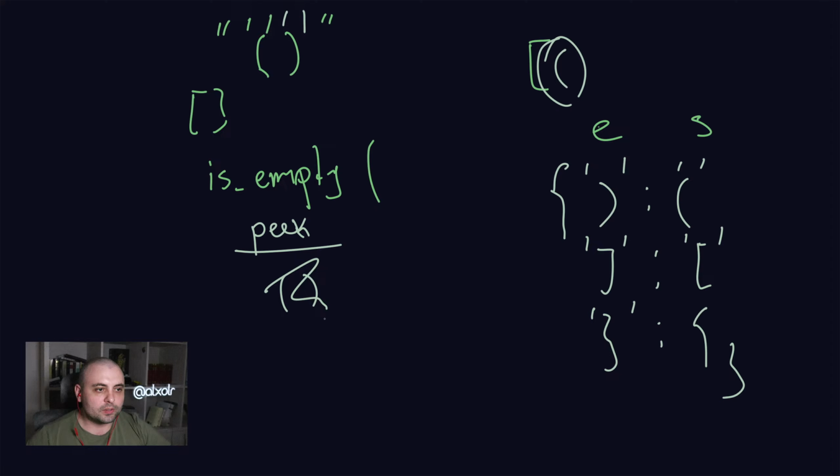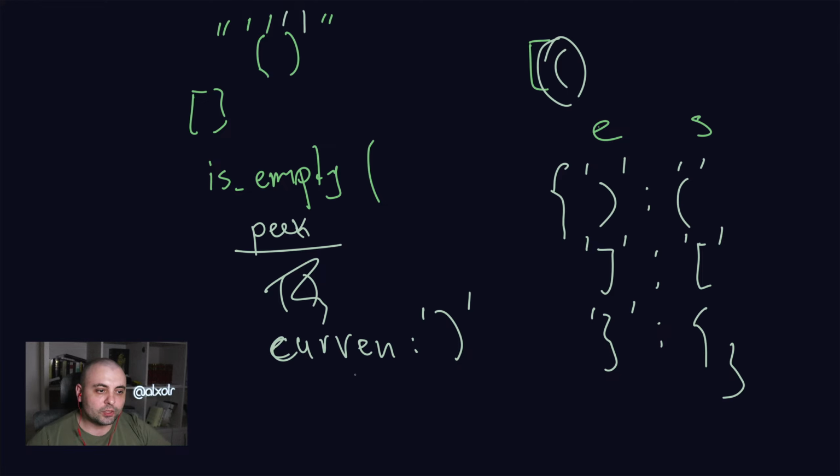So we know that on the stack it's this character, but our current character. Let's imagine we have this in the stack, but the current character in our case would be this one.